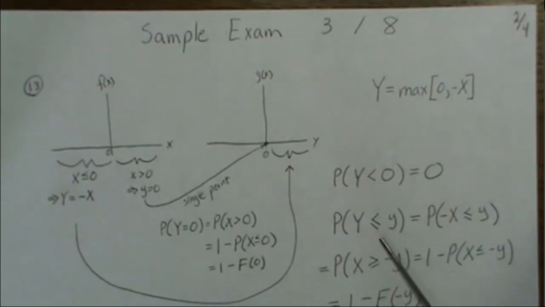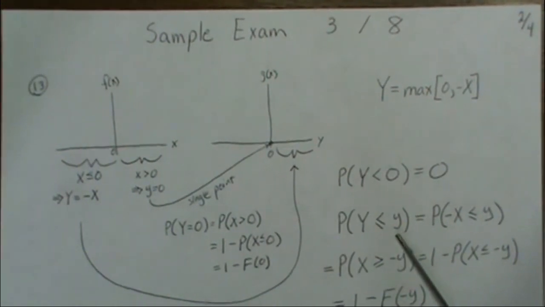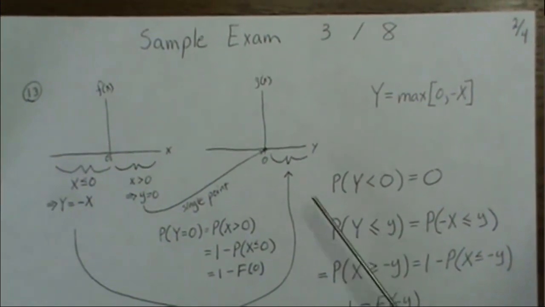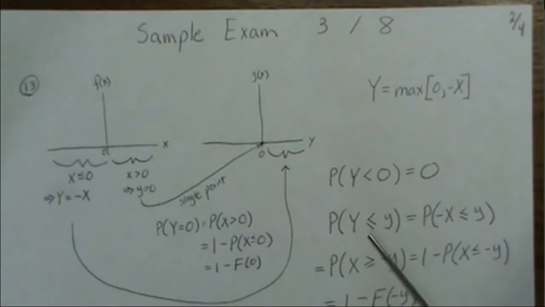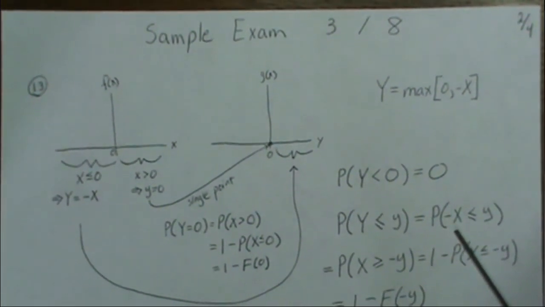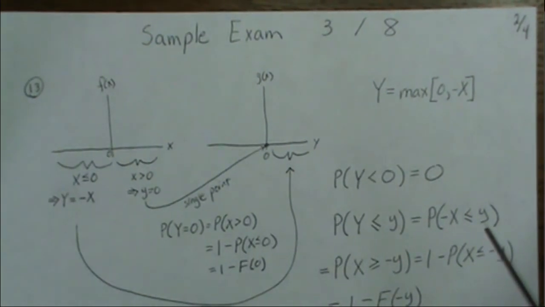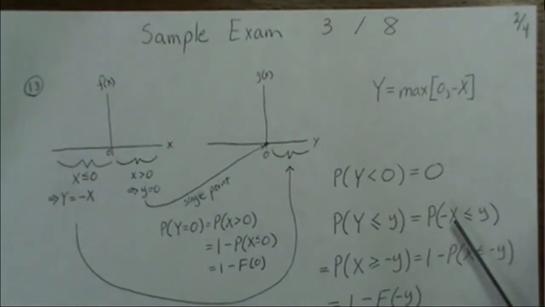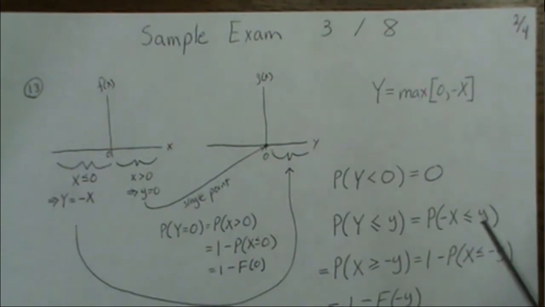Okay, so now let's pick a value here and look at the cumulative distribution function of Y. So Y is less than or equal to little y. But in all cases, Y is minus X. So minus X is less than or equal to y. So if we take the negative to the other side, then we have to change the inequality.